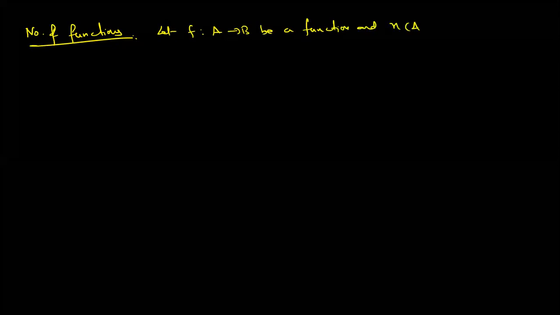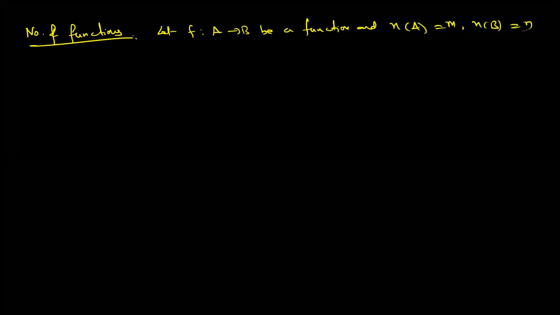Okay. Keep reading, all of you. Number of functions. Dear students, write down. Let f from A to B be a function, and n of A is equal to m, and n of B is equal to n.